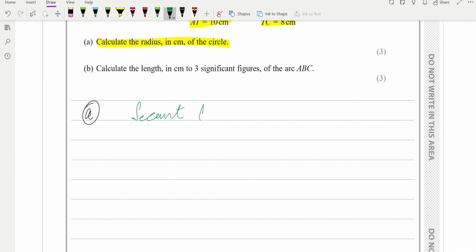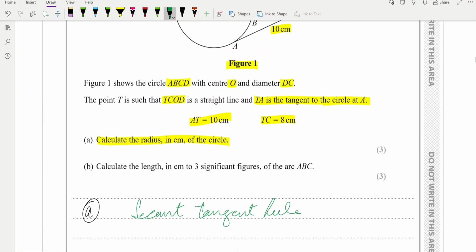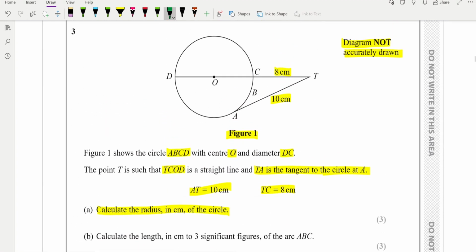Secant tangent rule. So what is that secant tangent rule? In terms of this diagram which is provided, the secant tangent rule is this length TC multiplied by TD, and TD is the length from this point to this point.